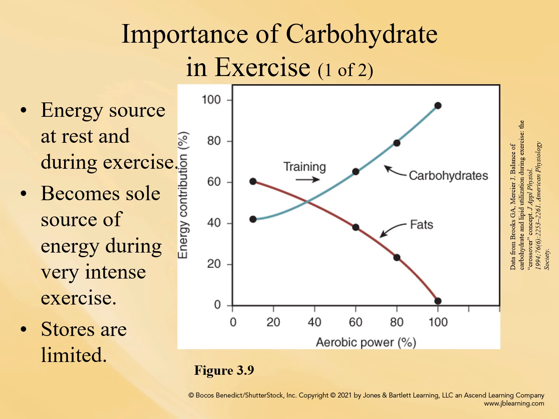Carbohydrates increase as you increase exercise intensity, and you'll see there is kind of a crossover point right around 40% of VO2 or oxygen consumption, where carbohydrates become more prevalent or predominant.